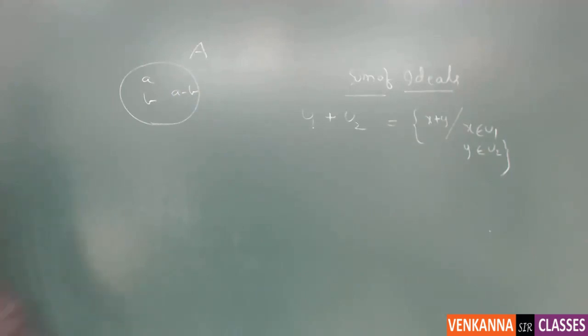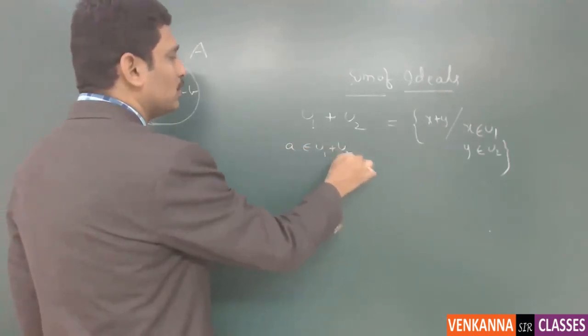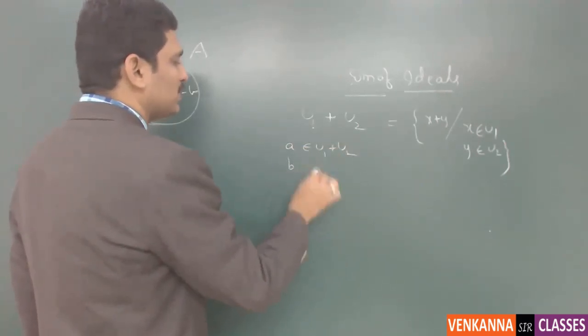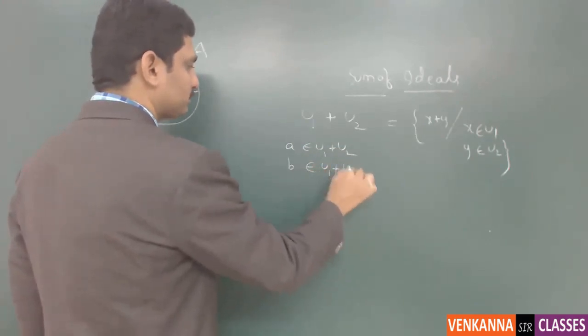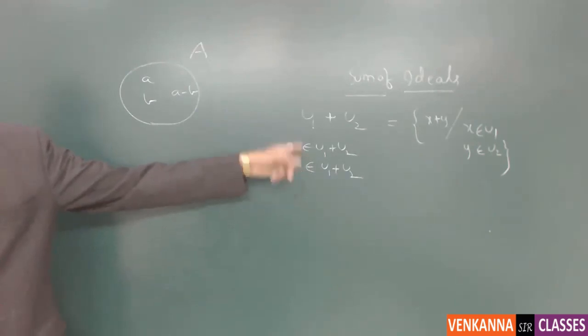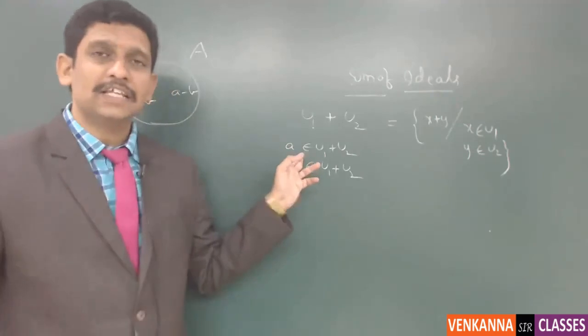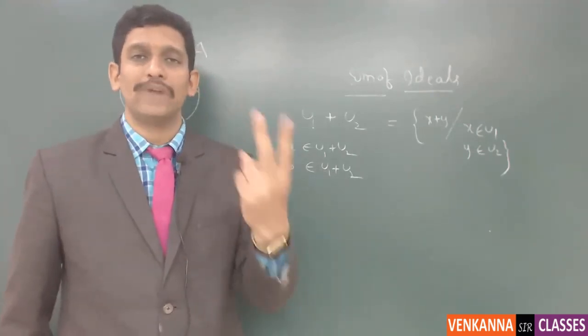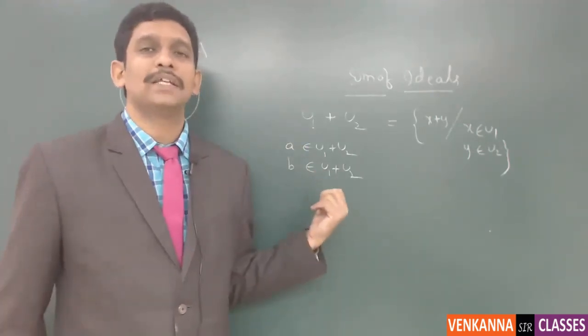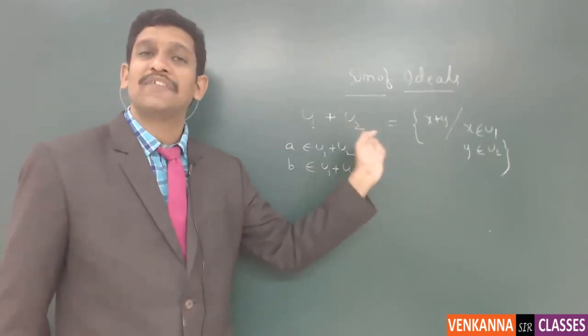So here also we should follow the same thing. Let us say a belongs to U1 plus U2 and b belongs to U1 plus U2. From the very nature of U1 plus U2, a is nothing but the sum of two values, and b is nothing but the sum of two values. It is possible to write this as per the definition of the set.